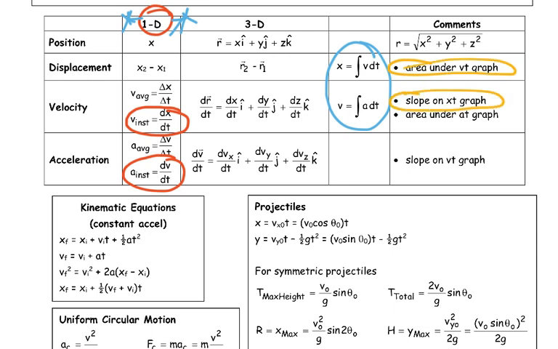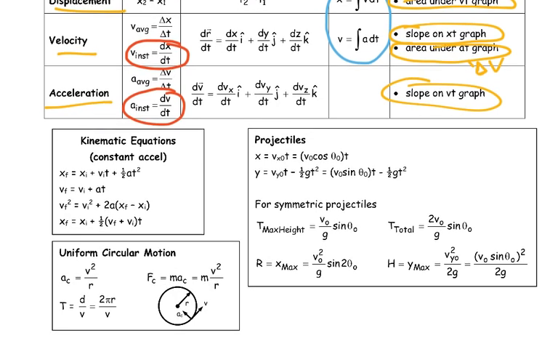Velocity is the slope on a position-time graph, and change in velocity is the area under the acceleration-time graph. And your slope on a velocity-time graph is how you get to acceleration, okay? So that's how you go between graphs. I did another video for you guys that walks you through transcribing graphs, okay?